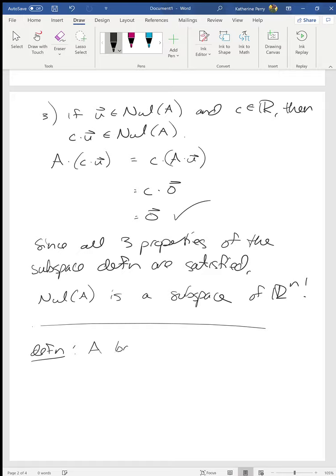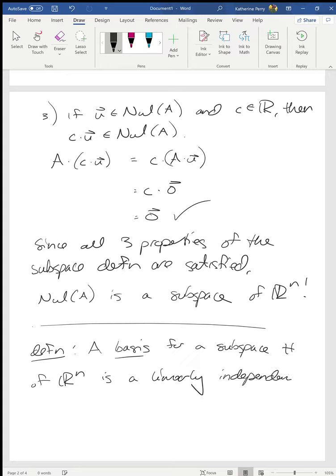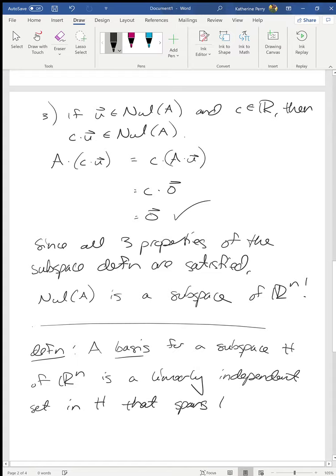So we'll say that a basis for a subspace H of Rn is a linearly independent set of vectors in H that spans H.